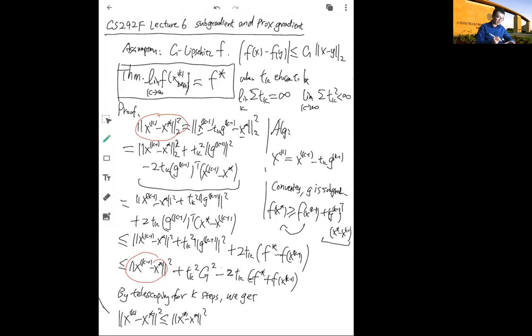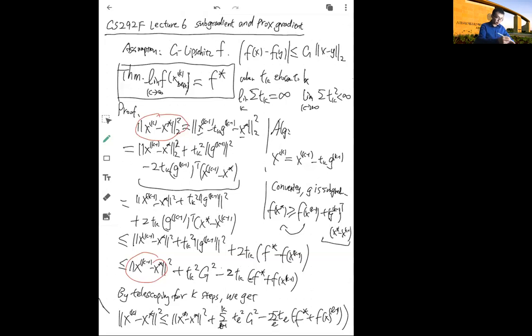Let's make it x0, so that over here we are summing from L from 1 to k, t_L square g square minus 2 sum of L t_L (f star minus f star plus f(x_{L-1})).